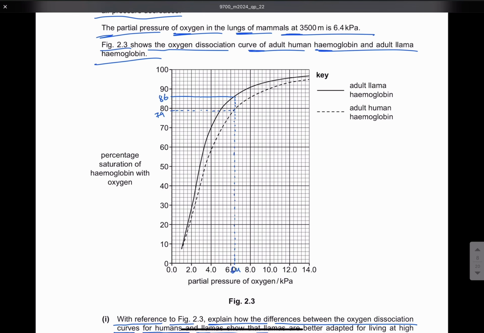So whenever partial pressure of carbon dioxide increases, there is decrease in the affinity of hemoglobin for oxygen. This is Bohr's effect, and this leads to the Bohr shift, which is the shifting of the curve to the right side. So the adult human hemoglobin dissociation curve will shift to the right.